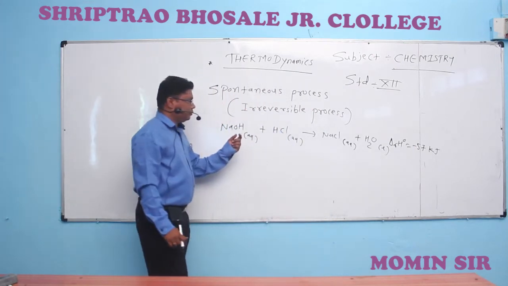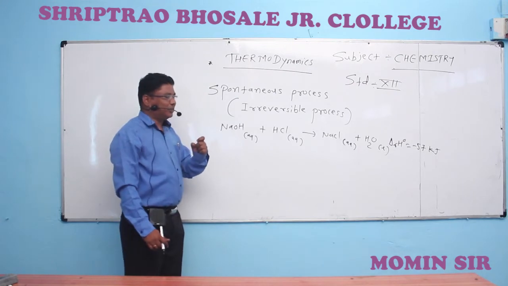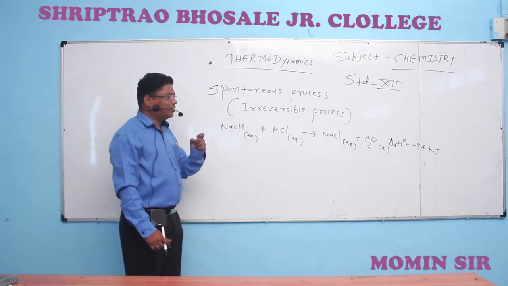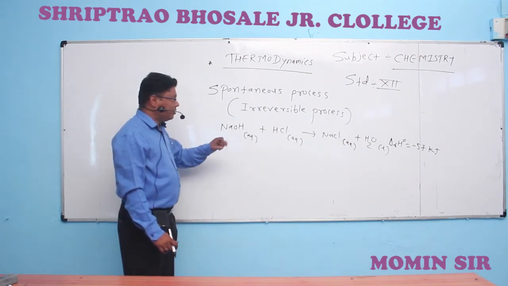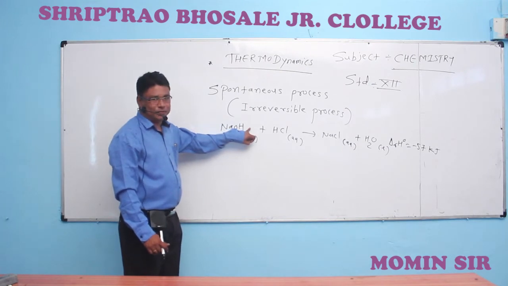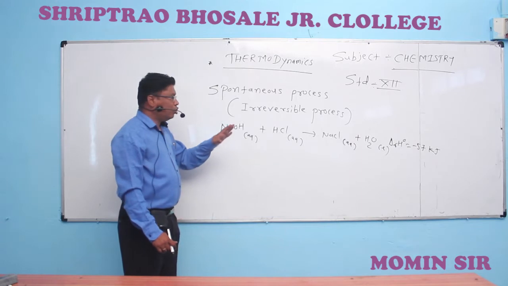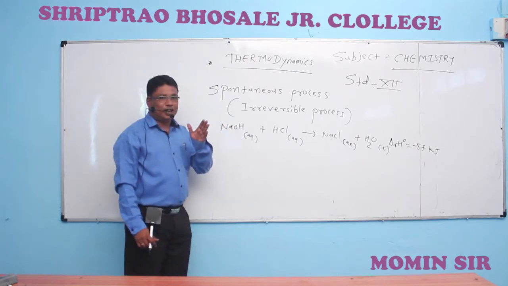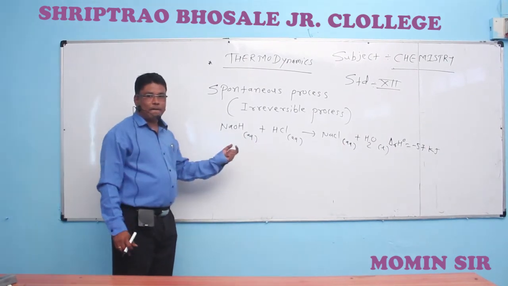You know that a chemical reaction in which heat is evolved is called an exothermic reaction. So, this reaction is called a spontaneous reaction. Why? Because no external influence is required to carry out this process.